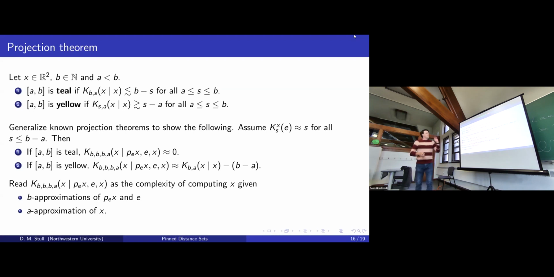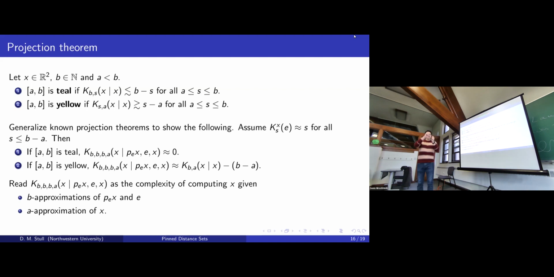If you take a point X in the plane and two precisions B and A, we say that the interval AB is teal if the complexity of X at precision B given X to precision S, in other words, the complexity between the first S bits of X and the first B bits of X, is less than B minus S. Then this interval is teal.